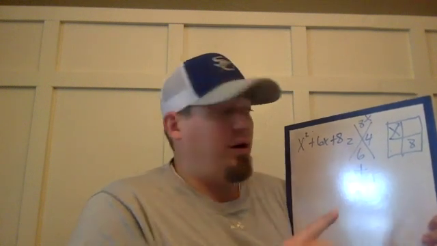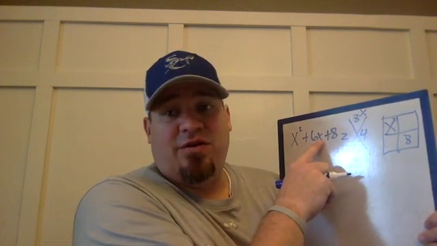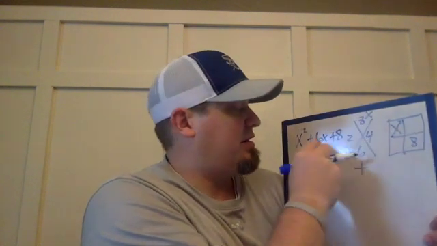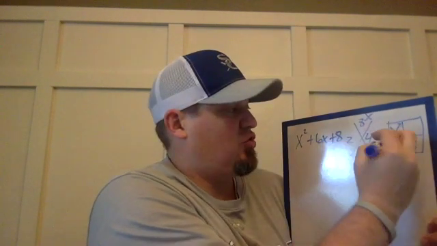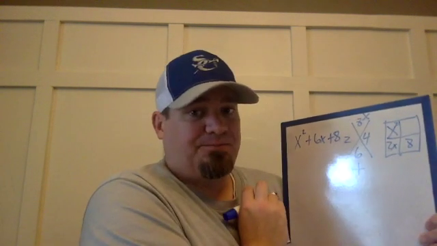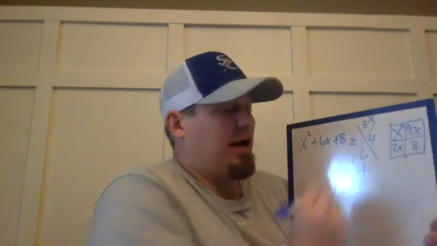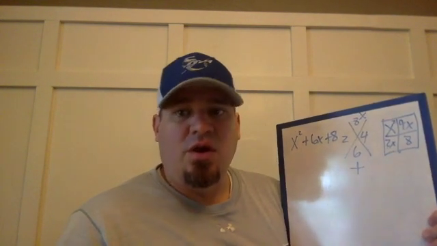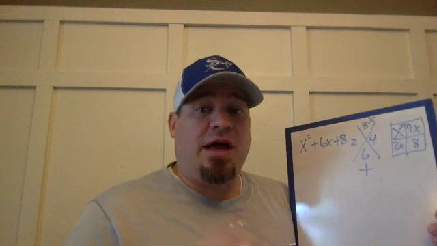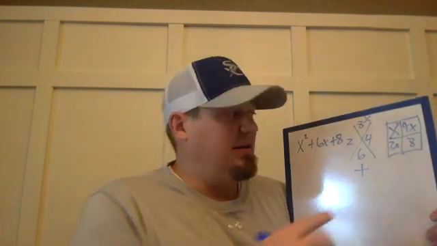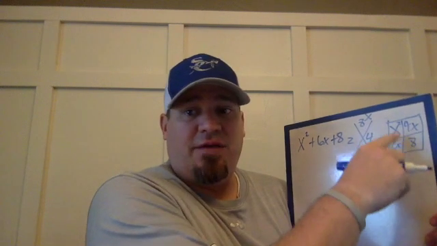Now, the tricky part is I add the variable to it. So in this box, since it's 6x, I'm going to write 2x, and then in the top right box, I'm going to write 4x.